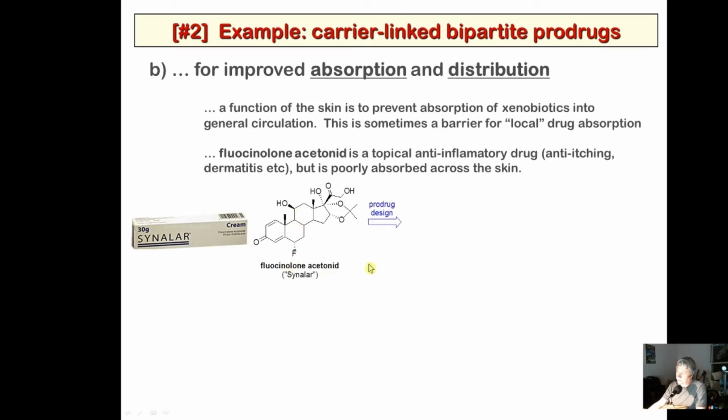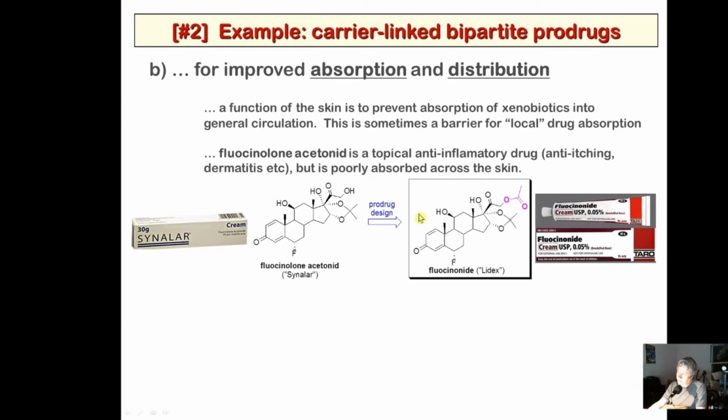So the prodrug strategy basically attaches something simple like an acetate to this alcohol position, which can be cleaved by an esterase. And it makes it a little more greasy, and the skin is non-polar, and so this transports into the skin more readily.